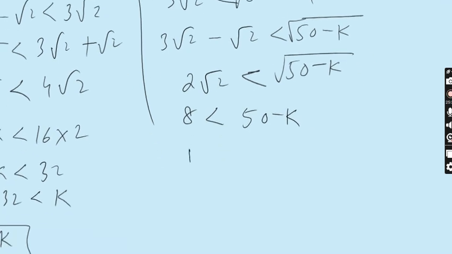Shift minus k over here and shift 8 over there. 50 minus 8 is 42.